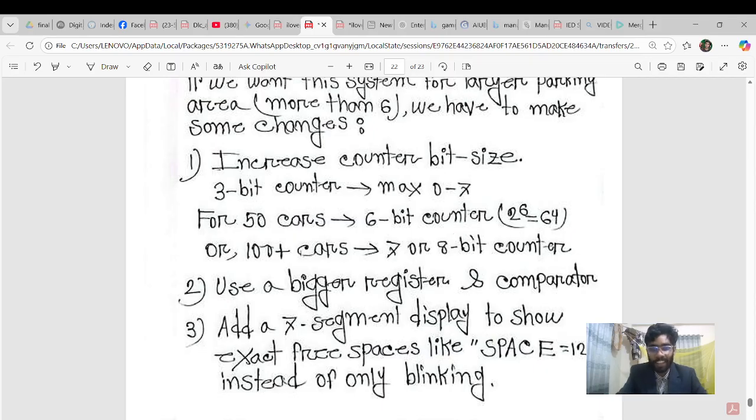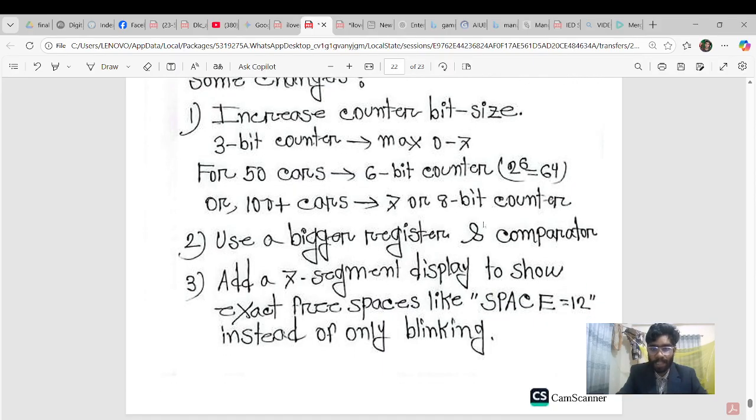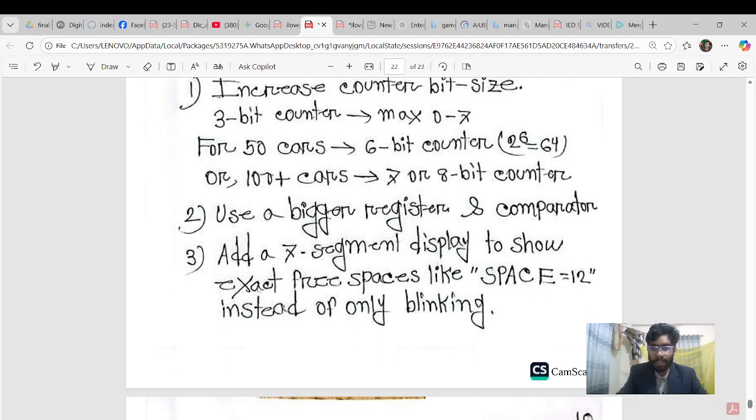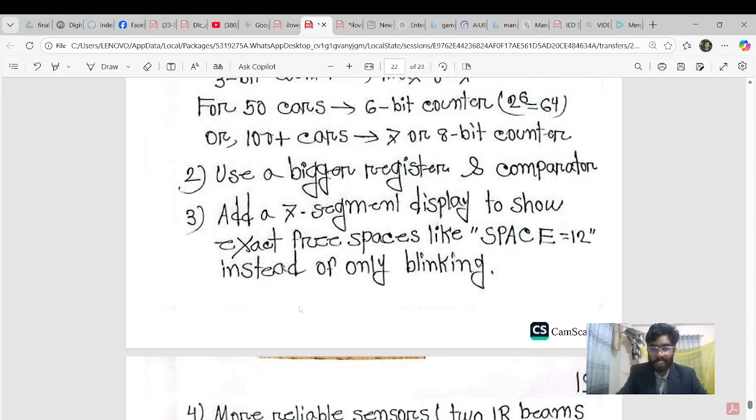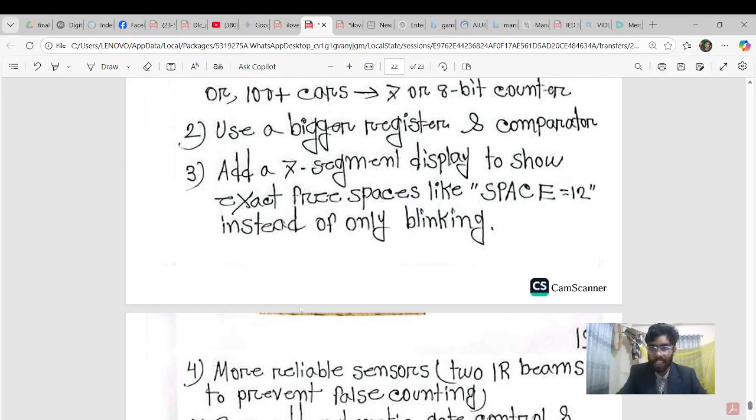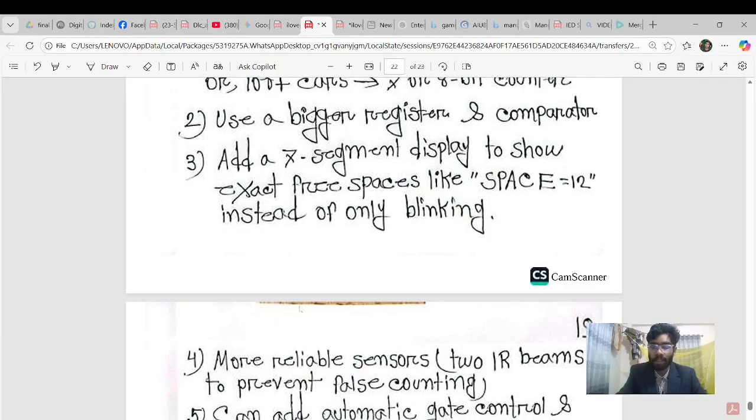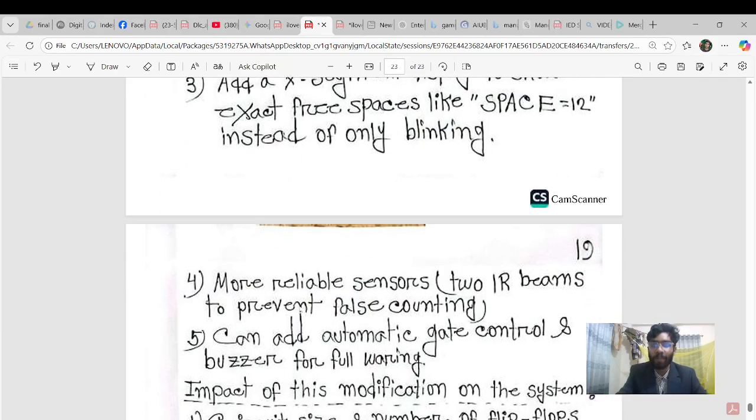Or if we think of 100 plus cars, use a 7 or 8-bit counter, a bigger register and comparator, and a 7-segment display to show the exact free space, like space equal 12 or space equal 13, instead of only blinking.